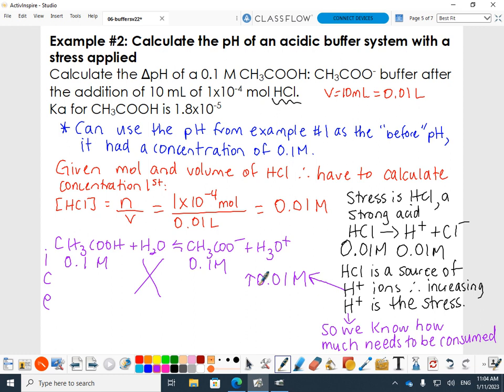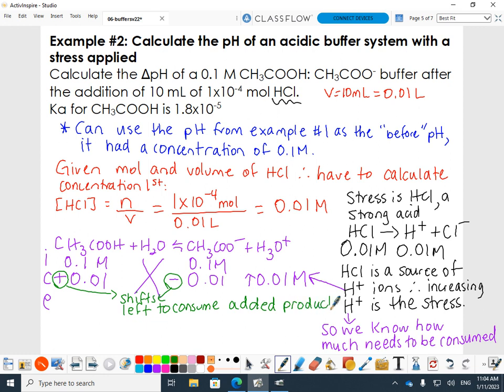We just said it's going to shift to the left. If this is how much needs to be consumed, then we know how much it's going to change by. So it shifts left to consume the added product.